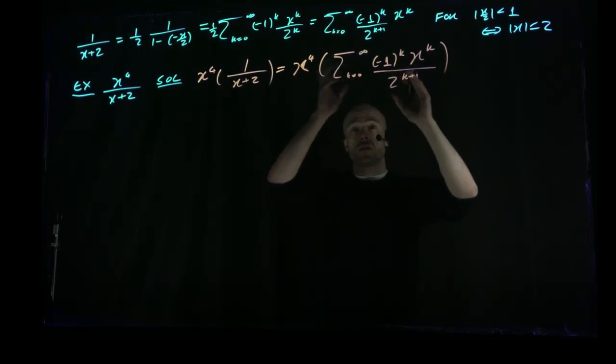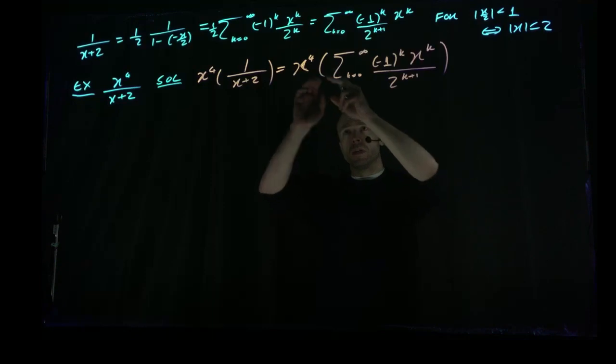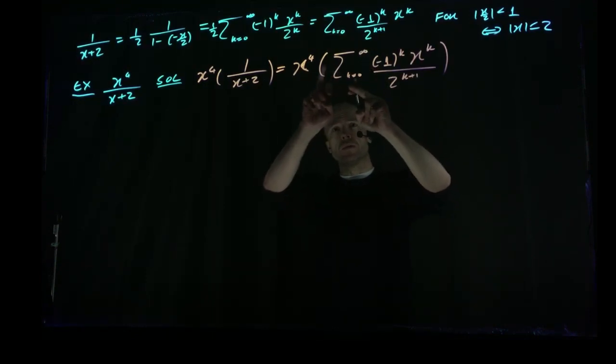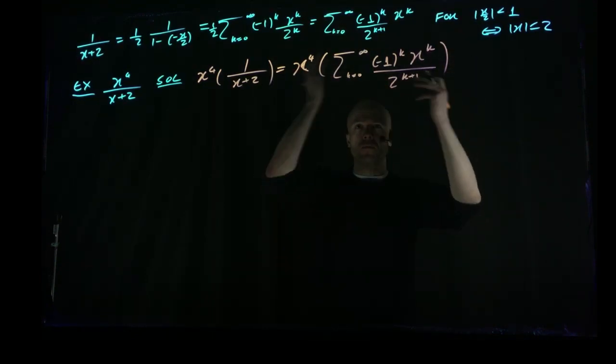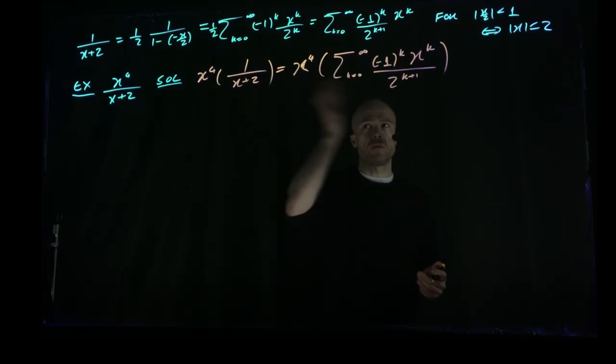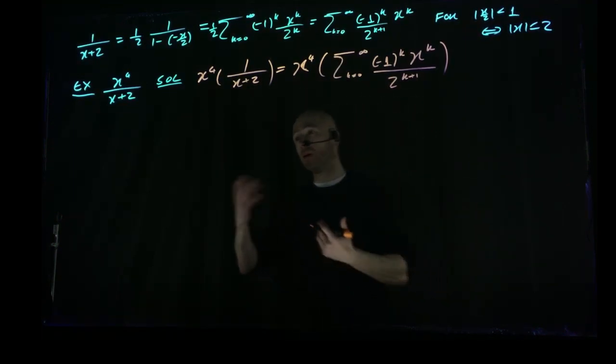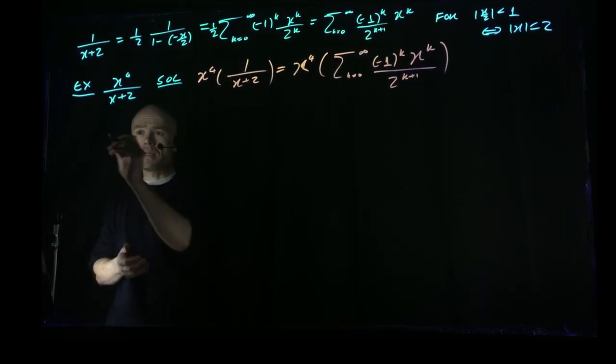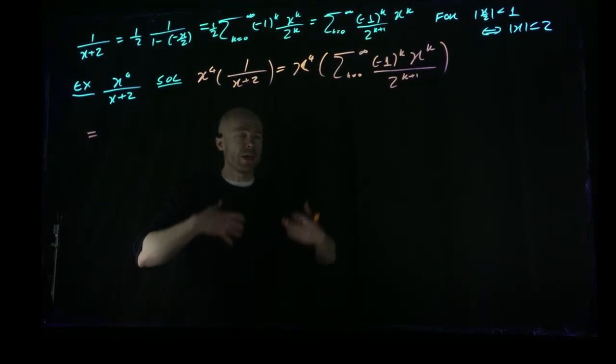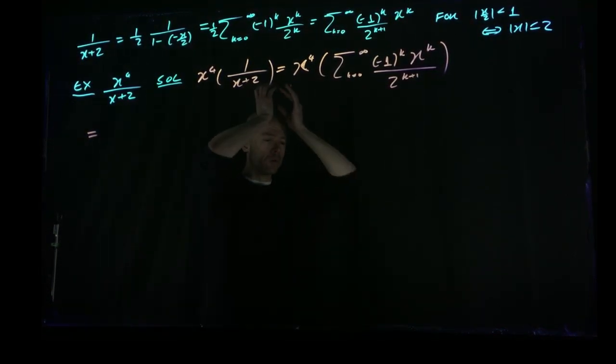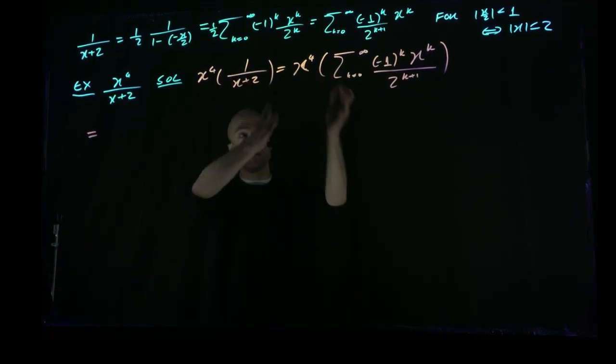And since it's just as good as a polynomial, if we just had a polynomial and it was the sum from k equals 0 to some finite number, then we would just multiply through the x to the 4. But we can do that anyway, because again, it's just like a polynomial. Whenever the power series converges, whatever you can do with the polynomial, you can do with the power series.